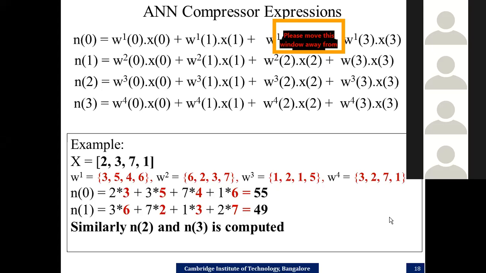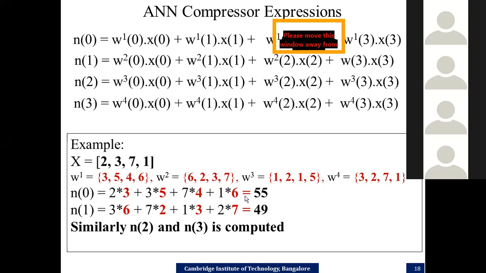As an example, I have taken the inputs as 2, 3, 7, 1, and my weights are W1, W2, W3, W4. Again, this is just an example taken to illustrate the optimization process. Now, if I want to compute N0, that is neuron output 1, it is 2 into 3, because weight is 3 and input is 2, plus 3 into 5, plus 7 into 4, plus 1 into 6, which is going to be 55.